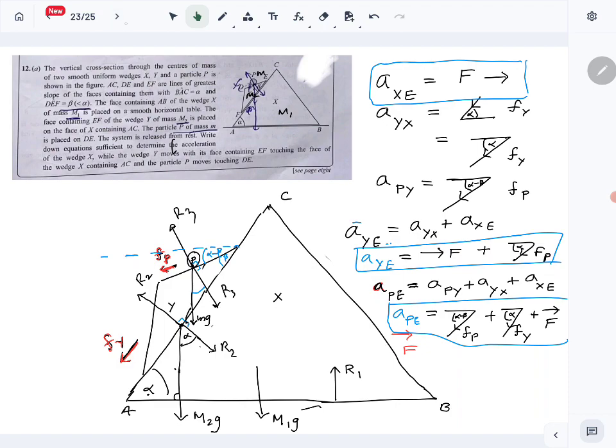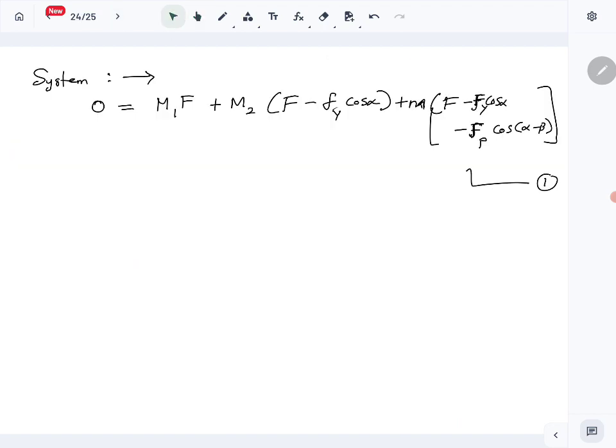So we are going to apply it to particle p and wedge y together, in the direction where wedge y is traveling. So that is alpha angle.